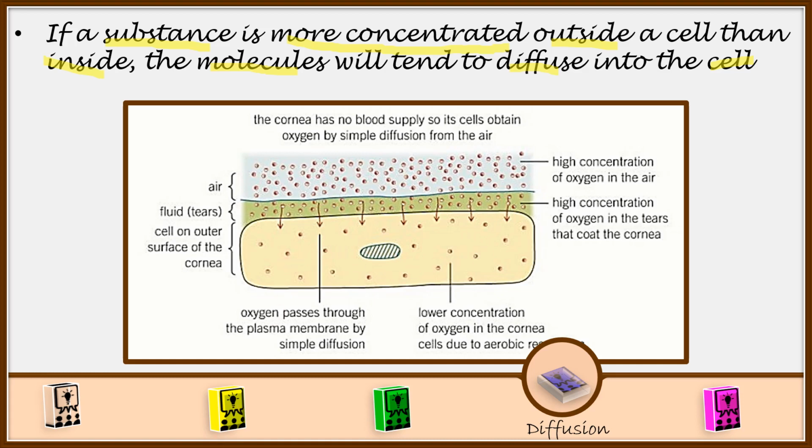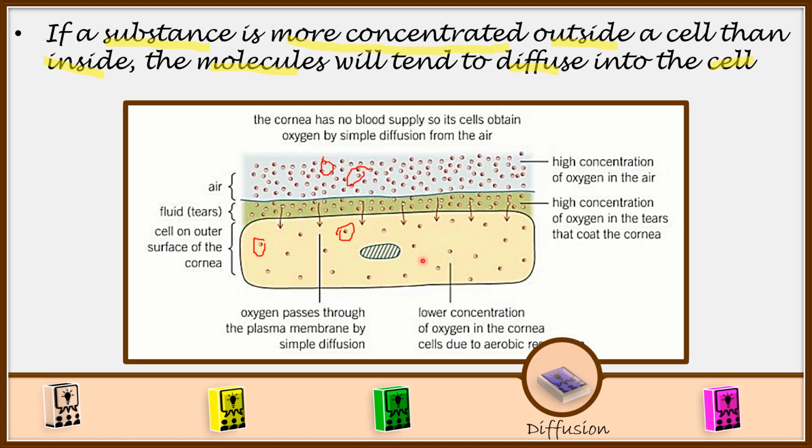Those bubbles there are the oxygen molecules, and the ones you are seeing outside are also oxygen molecules. Where you see more oxygen molecules, that is where their concentration is high, and where you see few, the concentration of the molecule is low.